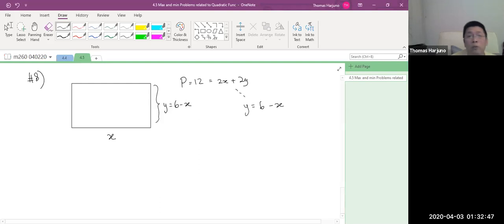And what we want to find out is the shortest distance possible for any rectangle with perimeter 12. Of those many rectangles of perimeter 12, what is the shortest possible diagonal?